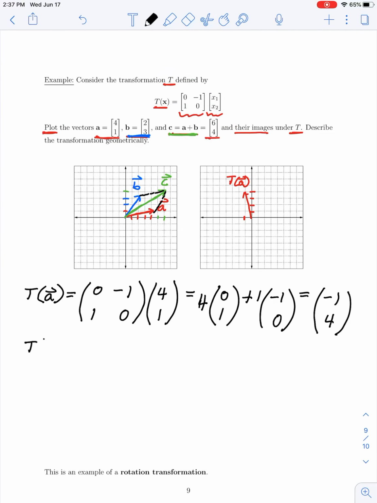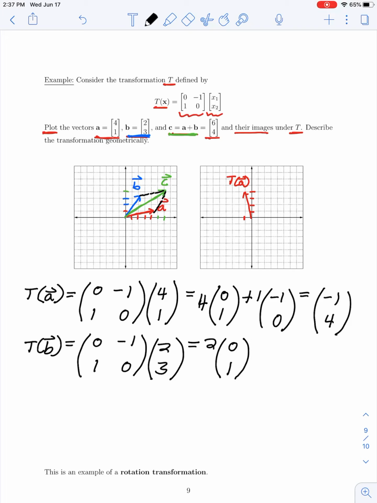Now for the vector B, T of B would be defined as the matrix [0, -1; 1, 0] times the vector B, which was (2, 3). So we have 2 times (0, 1) plus 3 times (-1, 0).